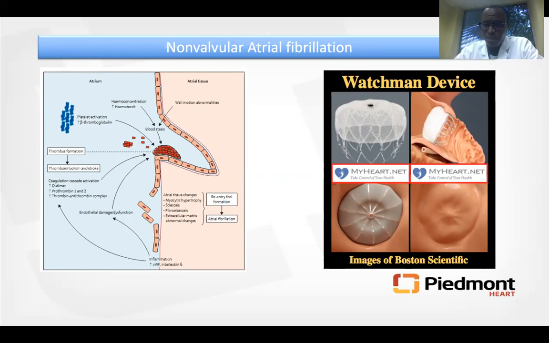However, some patients, by their very nature, are at a higher bleeding risk, and they might have had GI bleed or intracranial hemorrhage in the past, and they're not good candidates for systemic anticoagulation. In that case, we tend to place this device called the Watchman device to close the left atrial appendage and protect them from clot formation in that pocket to protect them from future stroke.